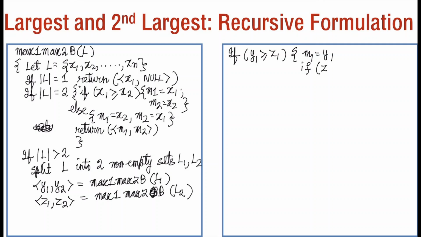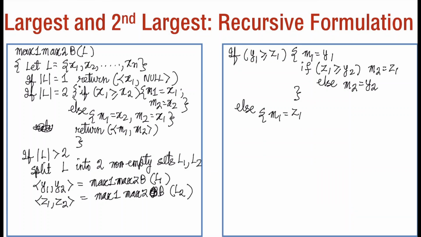If z1 is greater than or equal to y2, then we have m2 equal to z1, else m2 is equal to y2. This is one part. The other part is if y1 is less than z1, that means else. When we have that else part, then we know that m1 is z1.